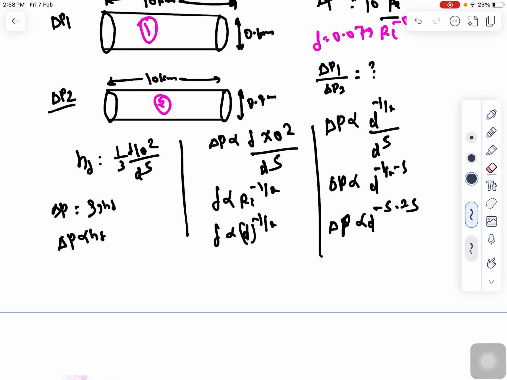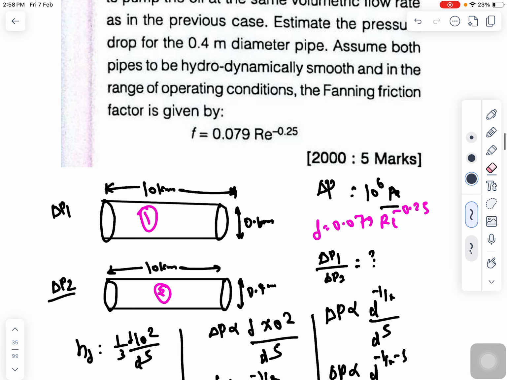Sorry, here it is minus and minus, so f is directly proportional to 1 upon rho v D, so minus 0.25 and plus 4.75.